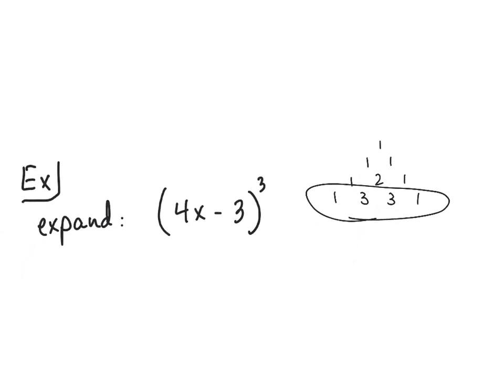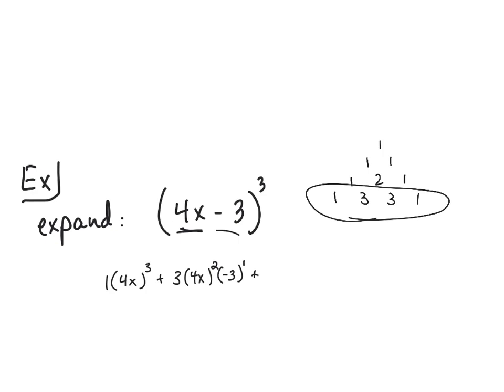The first term is going to have a coefficient of 1, and then it's the first term of the binomial raised to the power of n, in this case, 3. Now moving on to the next term, it's going to have a coefficient of 3, and then our term of 4x is raised to the second power, and then the second term is negative 3, so negative 3 is going to be raised to the first power.